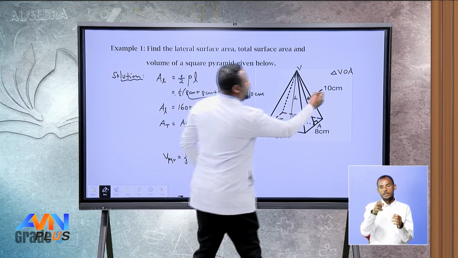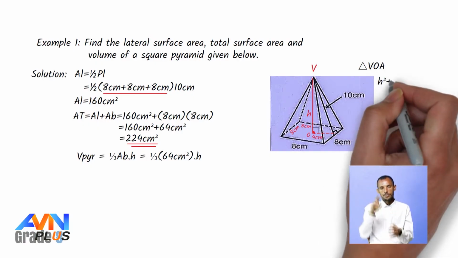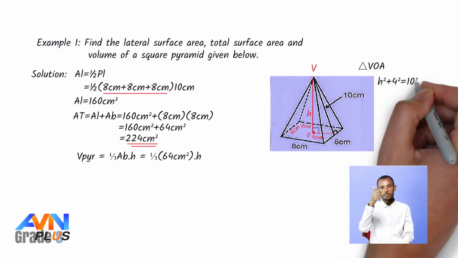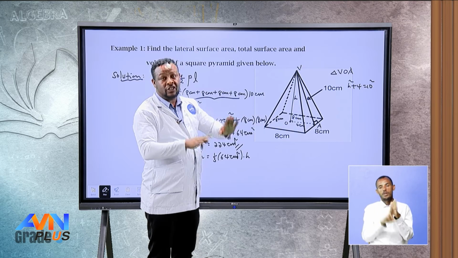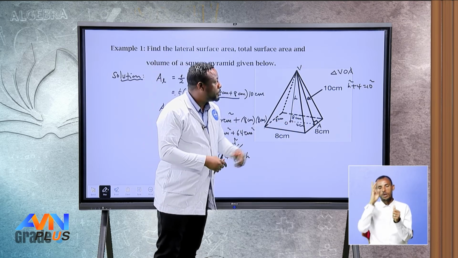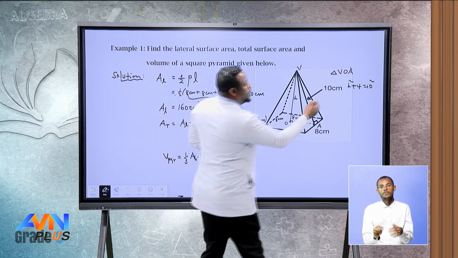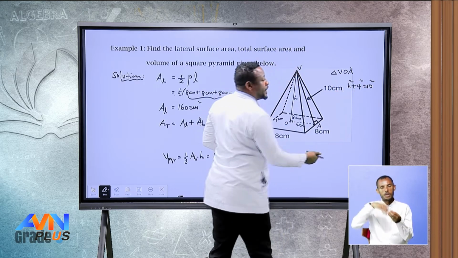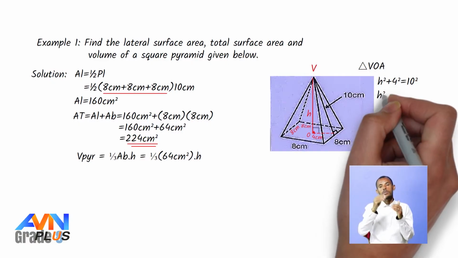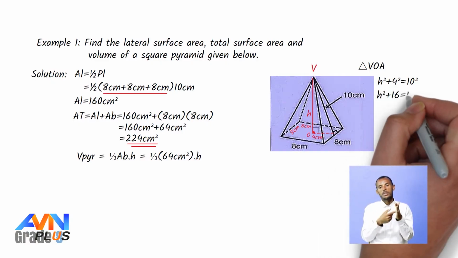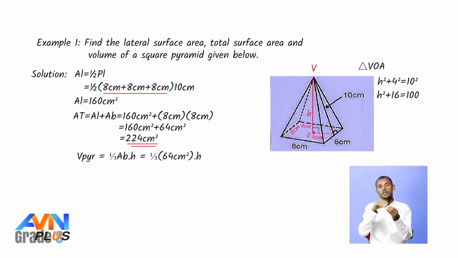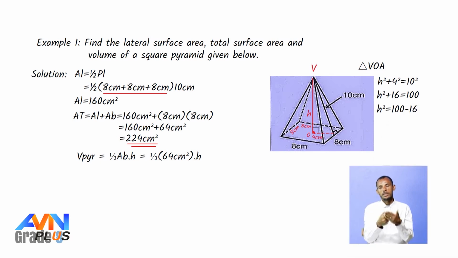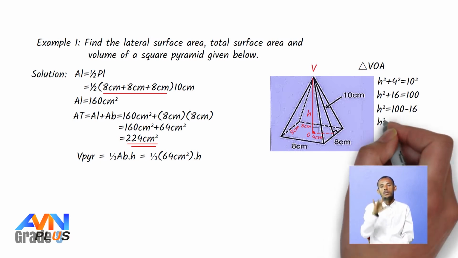So write h square plus 4 square is equal to 10 square, with the unit for h in centimeter. So h square plus 16 equals 100, and h square becomes 100 minus 16, and this difference is 84.